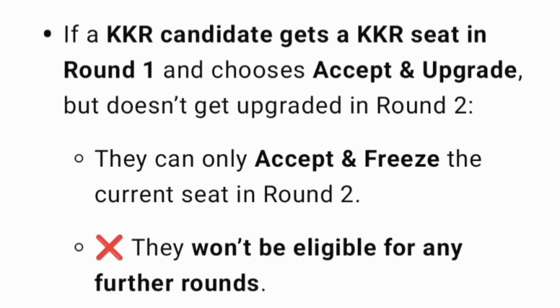And if a KKR candidate gets a KKR seat in round 1 and chooses accept and upgrade but does not get an upgrade, then that student can only do accept and freeze in round 2 and won't be eligible for any seat in the next round, right? So round 2 becomes his last round, and I told you at that time itself, if you are doing accept and upgrade, round 2 will become your last round.